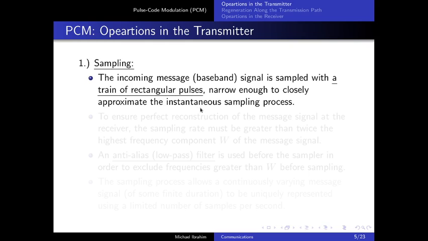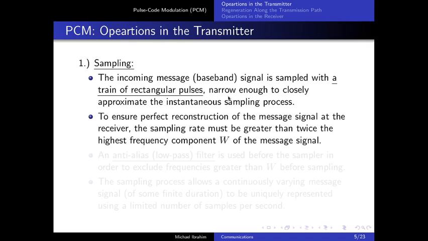Impulses basically are pulses with narrow widths, ideally 0, going to infinity. But since we cannot generate this kind of pulses that has 0 widths and infinite amplitude, we can generate pulses with narrow widths, not exactly 0, but narrow enough. And this is basically the sampling process.